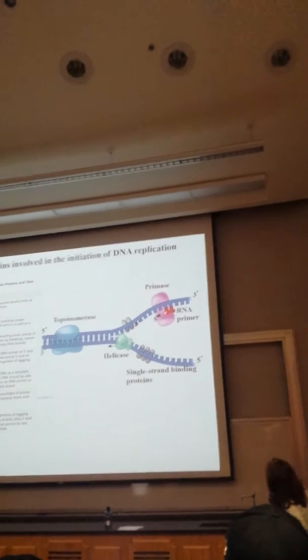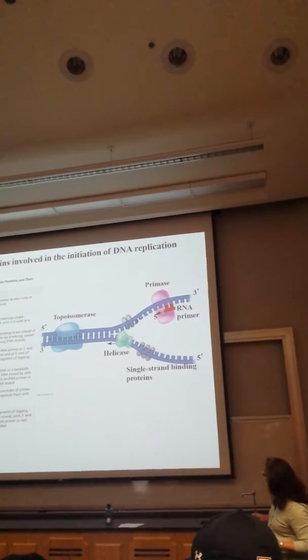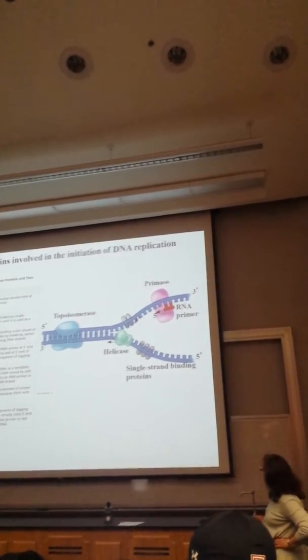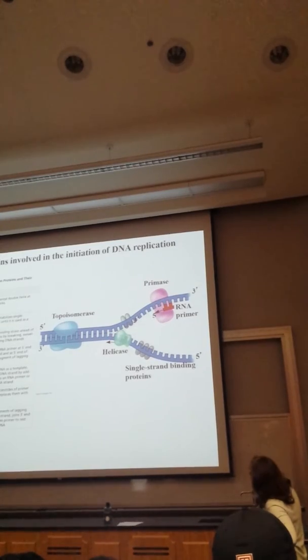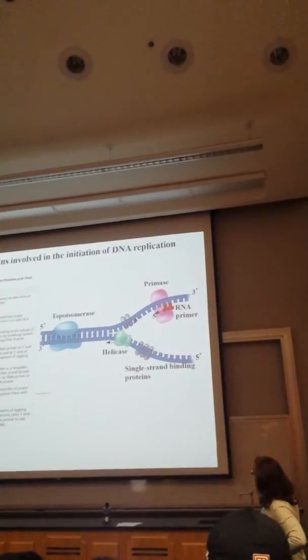It generates an RNA primer in a 5' to 3' direction. And once that RNA primer is put into place, then DNA polymerase 3 comes in and will start generating a new DNA strand.